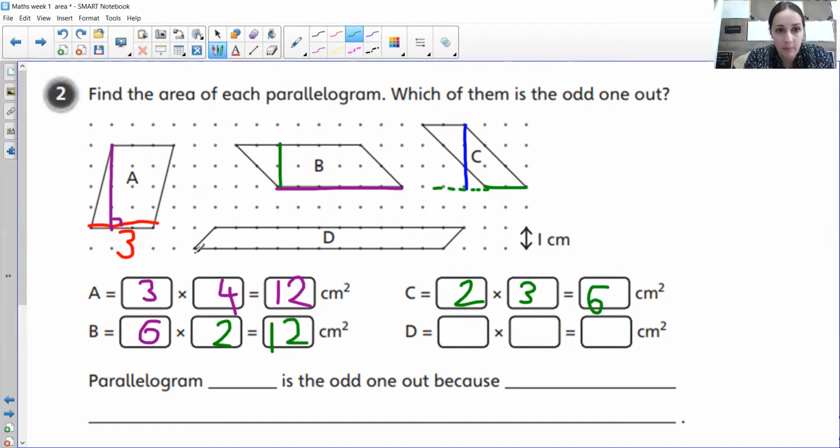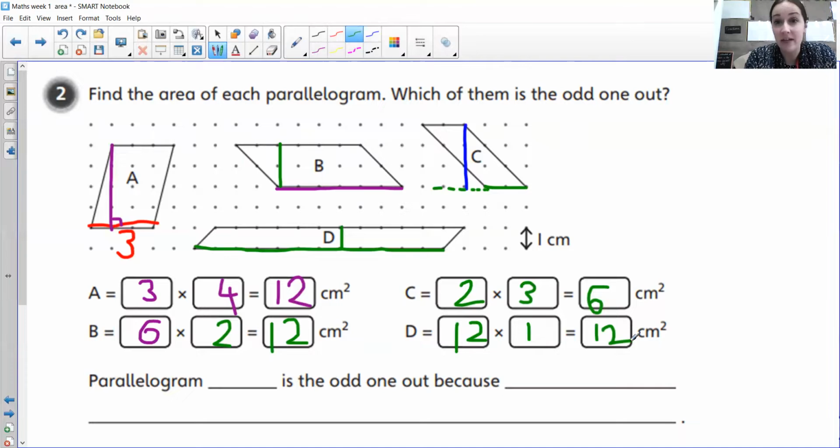D then, it's a long base, so D is 1, 2, 3, 4, 5, 6, 7, 8, 9, 10, 11, 12. So D is 12 centimeters on the base. And then what's the perpendicular height? Just 1. So 12 times 1 is 12 centimeters squared.